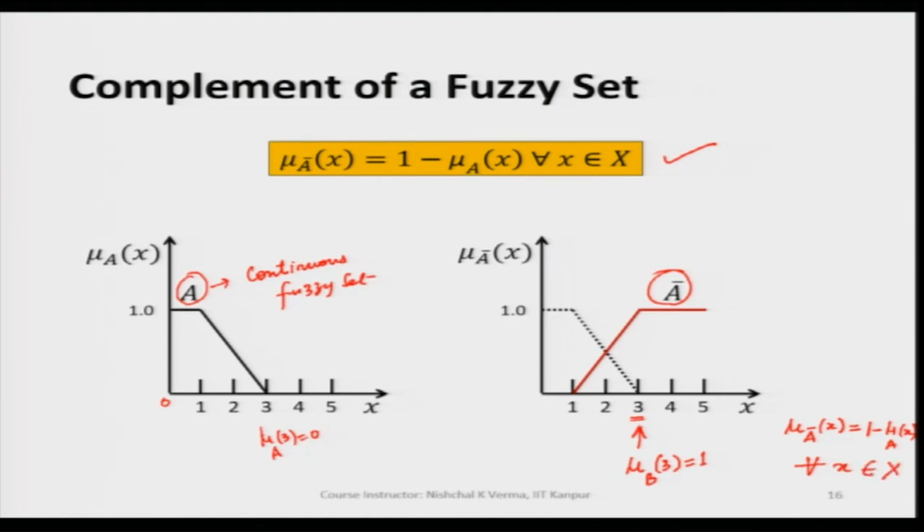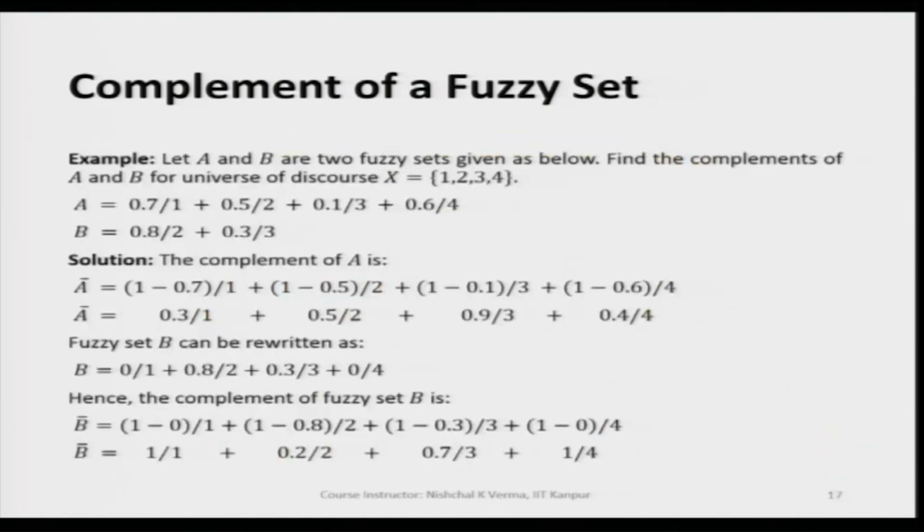universe of discourse. Similarly, if we take an example with two discrete fuzzy sets. If we have a fuzzy set A, which is here, and if we are interested in finding the complement of this fuzzy set, we can clearly use the criteria I just mentioned, and we get the complement of the fuzzy set.